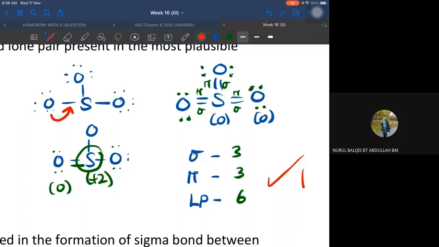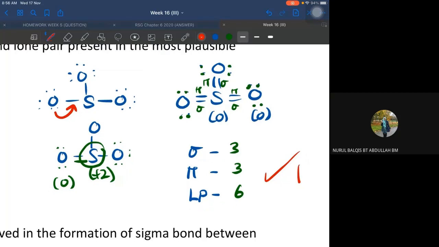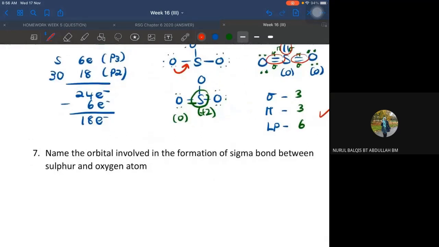Okay, bila dia central atom, macam mana kita nak tentukan hybridization of an atom kalau tak buat orbital diagram? Kita nak tengok apa? Electron group. Yes, electron group of S. Cuba tengok electron group of S apa yang ada. 1, 2, 3 kan? Betul.